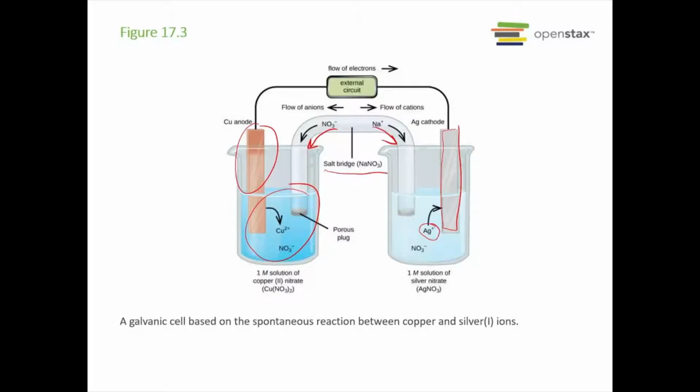At the same time, the anions from your solutions are flowing from the cathode to the anode side, whereas your cations are going to the cathode side. And the electrons, again, are going from anode to cathode. So this is a galvanic cell.